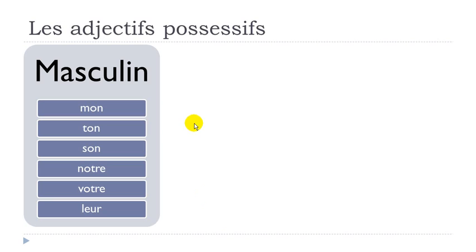Okay, so let's be clear, when we talk about les adjectifs possessifs, in English it will be my, your, his, our, your, their. But in French, we'll have the difference between the masculine, the feminine, and the plural.